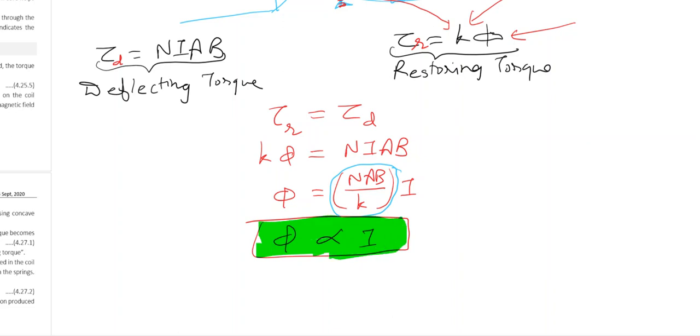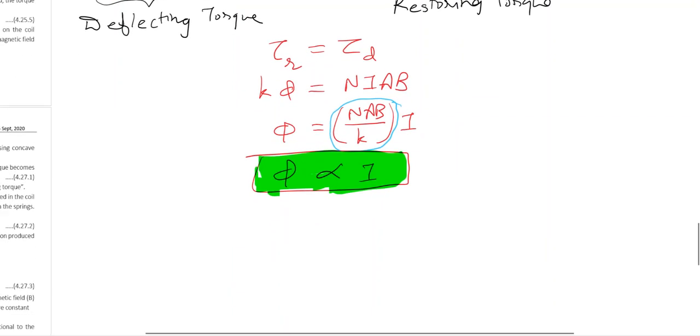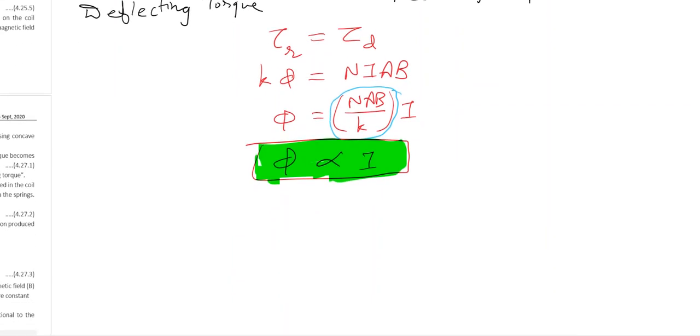So that is what we expected earlier, and this is what we are supposed to know about the galvanometer. Now there are two quantities which we need to know about the galvanometer. One is current capacity.